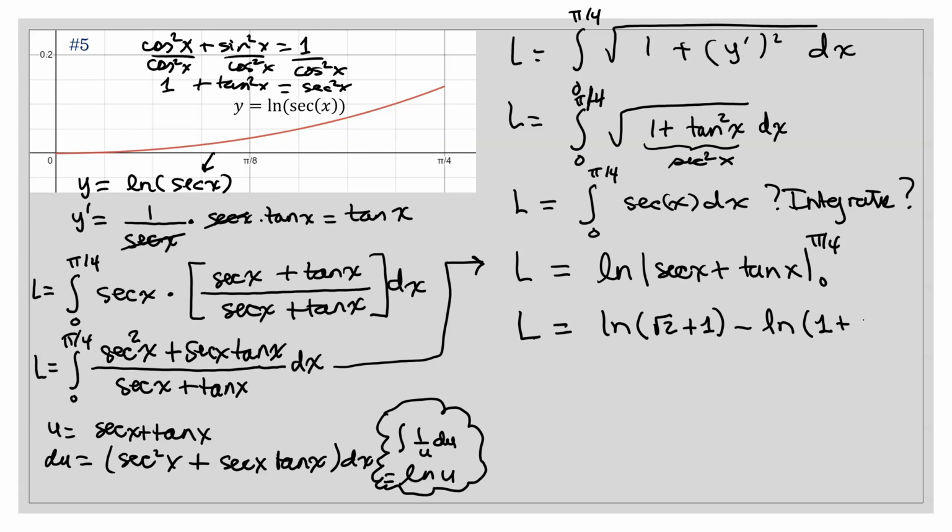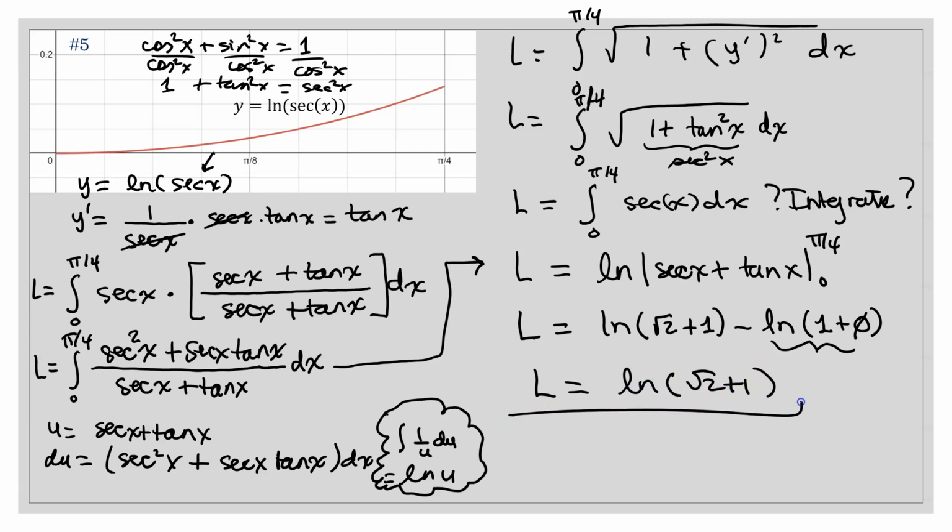What's tangent of 0? Sine over cosine, that would be 0 over 1, which is 0. So ln of 1 is 0, so really we have the length is ln of square root of 2 plus 1. And that is our final answer for the length.